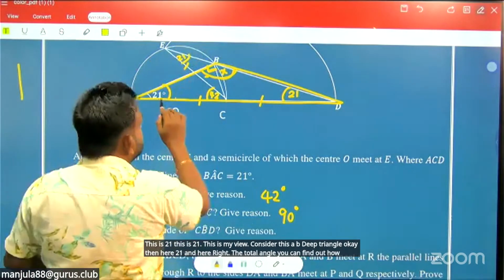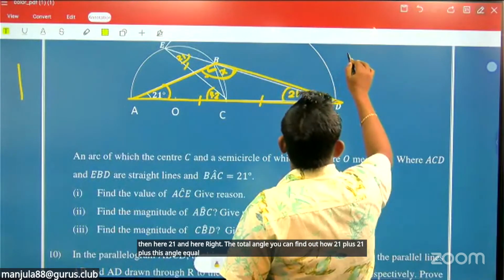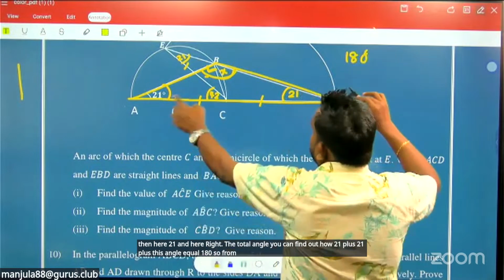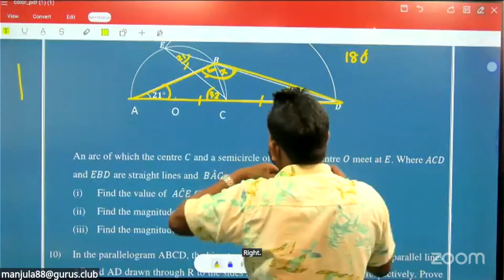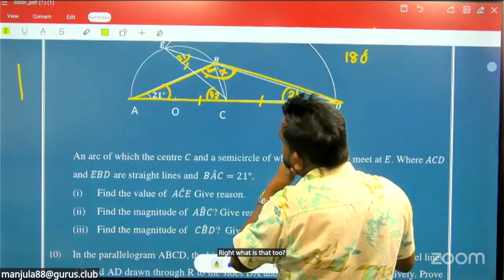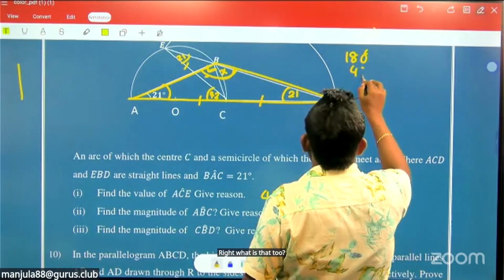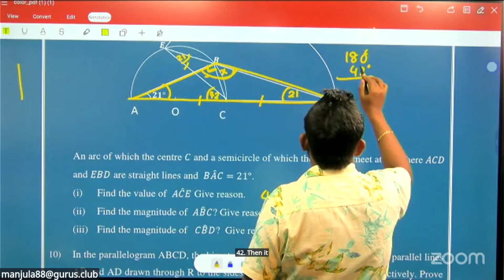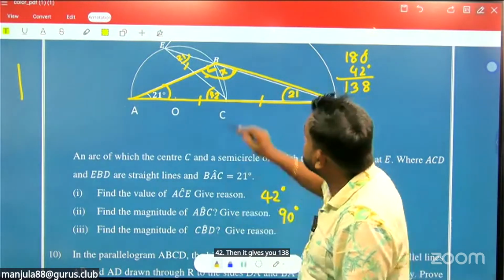How? 21 plus this angle equals 180. So from 180, just subtract these two. What is that two? 42. Then it gives you 138. 138 is the sum of these two.